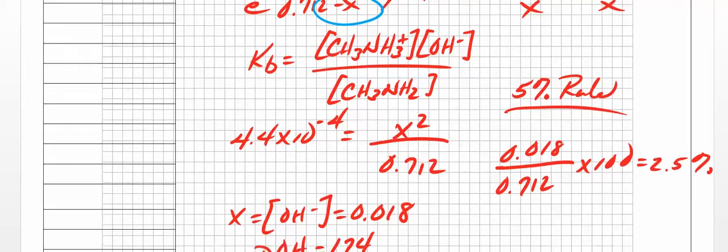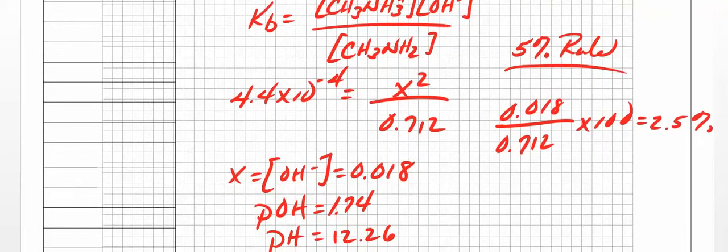So let's talk about the 5% rule and how we use the 5% rule to justify ignoring that X. So what the 5% rule says is this: if the amount dissociated is less than 5% of the original concentration, then you are allowed to neglect that X. Okay, let me say that again.